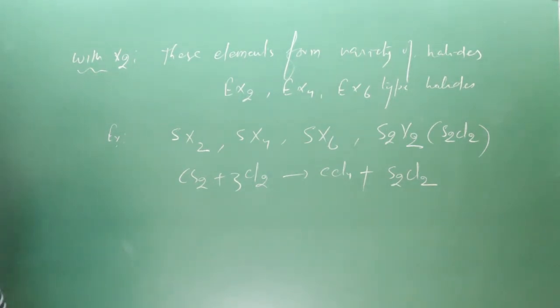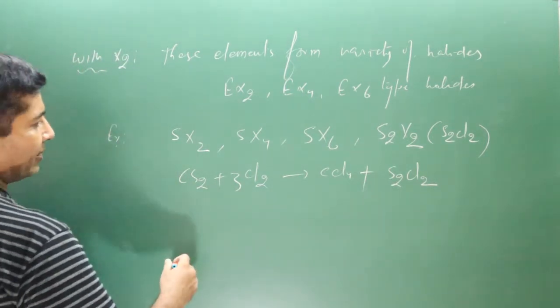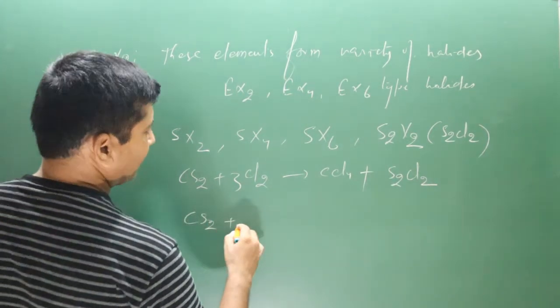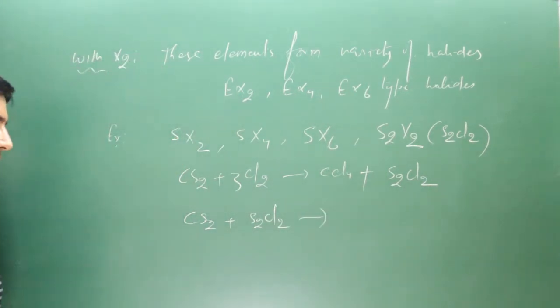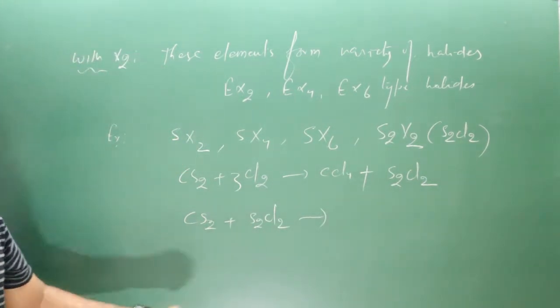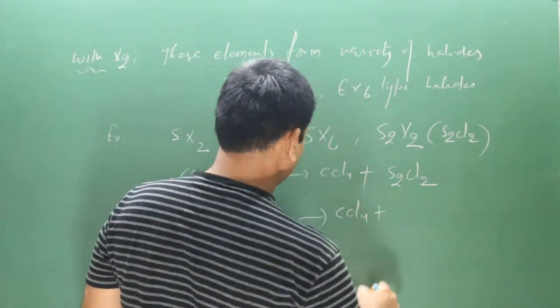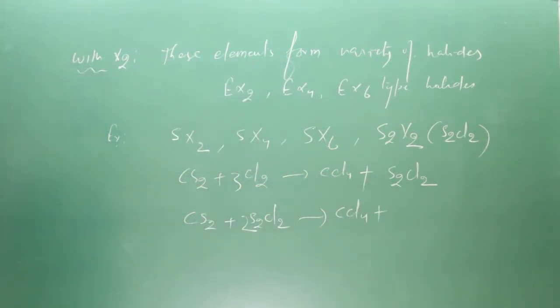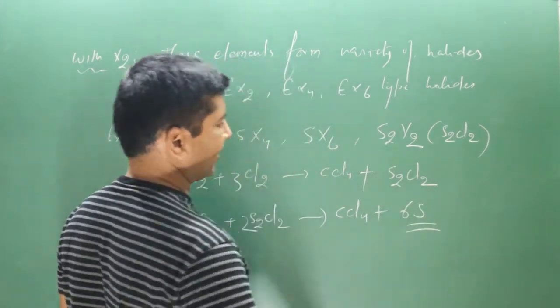S2Cl2 further reacts with carbon disulfide and again we get carbon tetrachloride. This is a very good method for the preparation of carbon tetrachloride. We get 6 sulfurs.